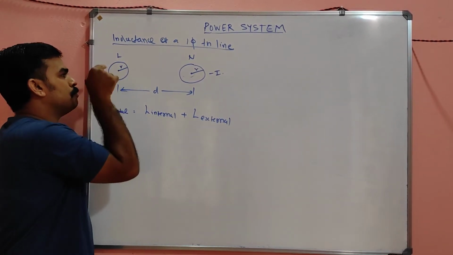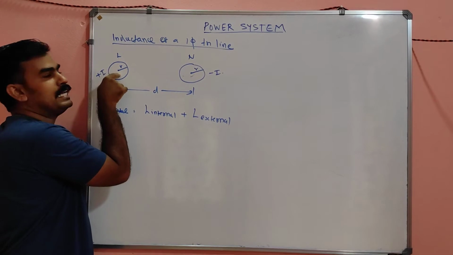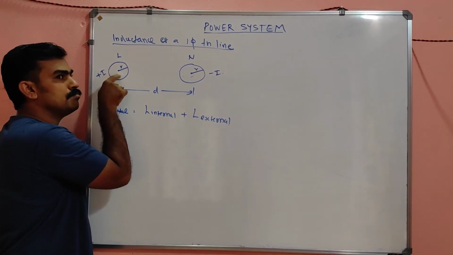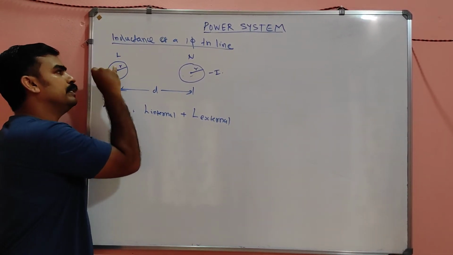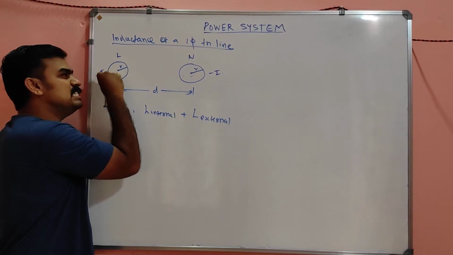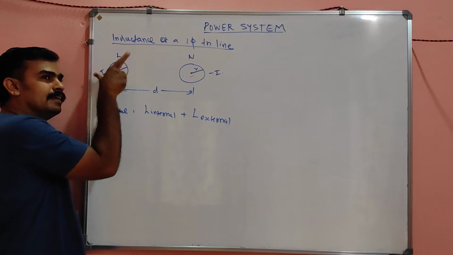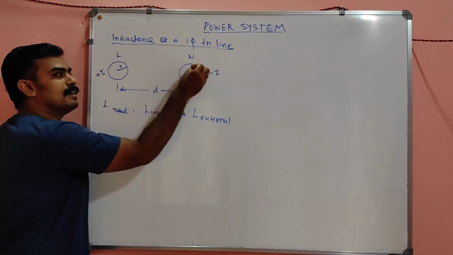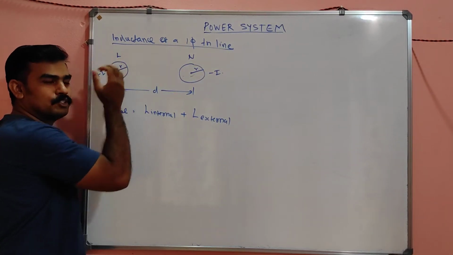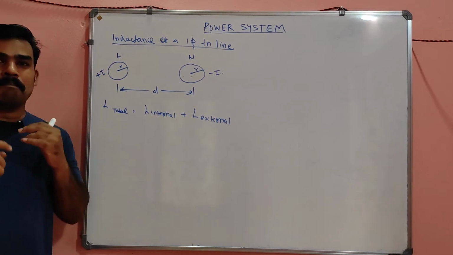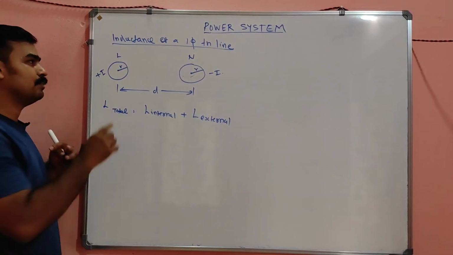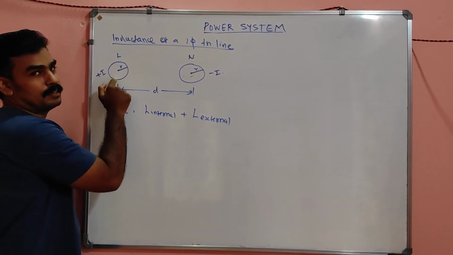The total magnetic field associated with this conductor is due to its own current inside, due to its own current outside, and due to the neighboring current outside. So these are the three magnetic fields experienced by a single conductor.